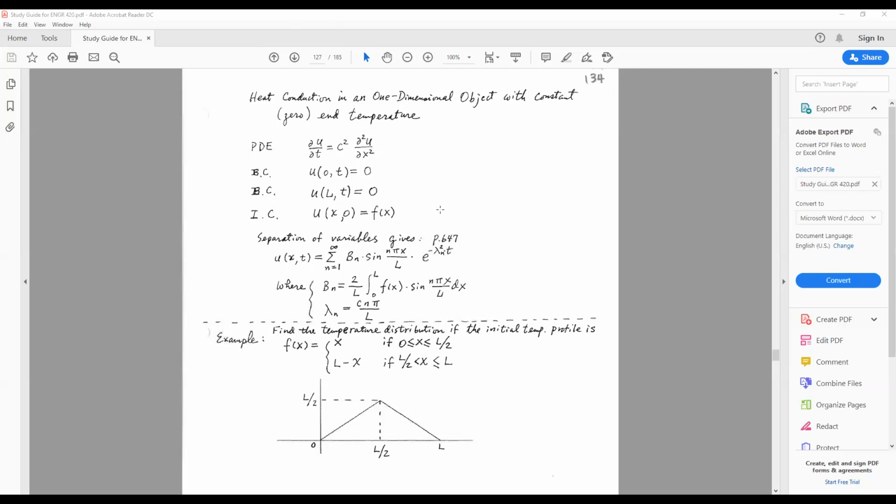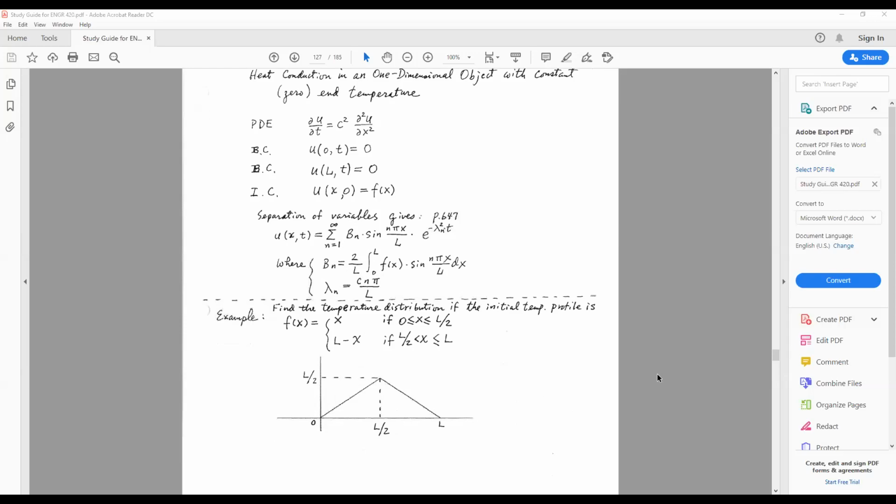The separation of variables yields a solution like this with coefficients b_n like this, and the parameter lambda_n is defined as this. And earlier we have solved this type of problem.